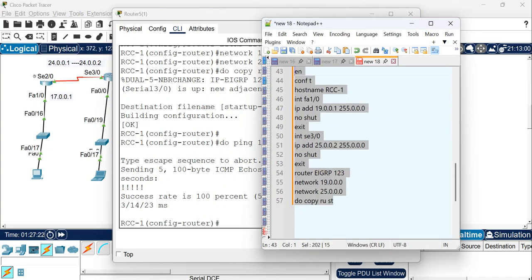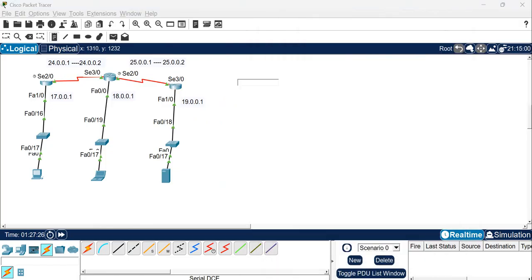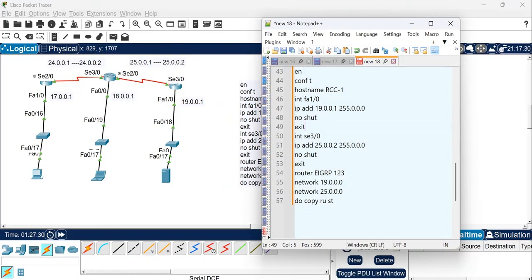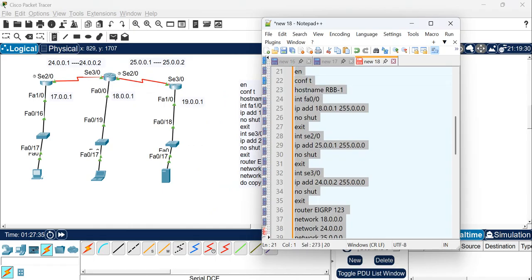Let me have the same configuration over here so that it can be easily available in the recording.